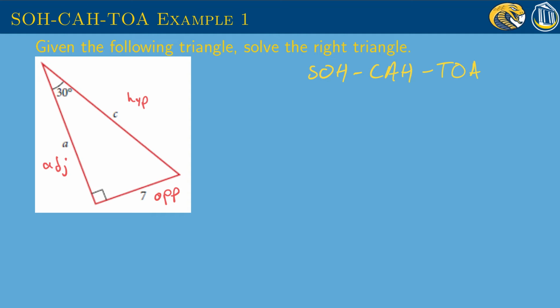We're looking for a trig function that has both opposite and hypotenuse in it, and that trig function is going to be sine. We know that sine of 30 degrees is opposite over hypotenuse. The opposite side has length 7, and we don't know the length of the hypotenuse.